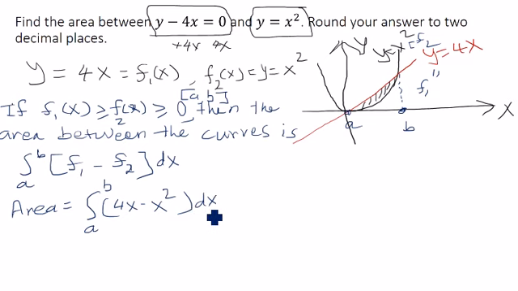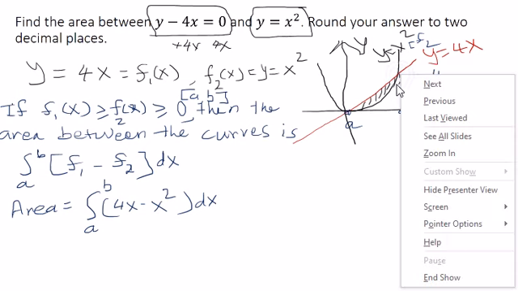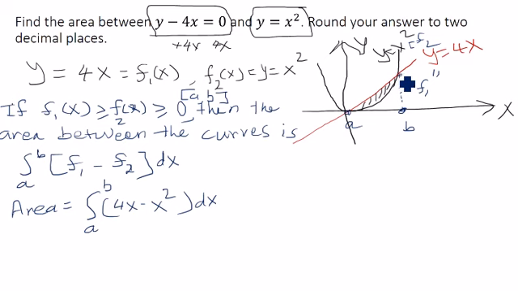So how do we find these a and b? Well, to find these a and b, you have to solve these two equations, because these are the points of intersection between the two functions or two curves.